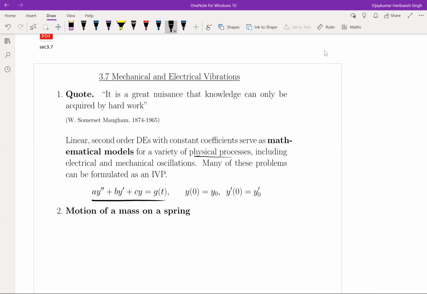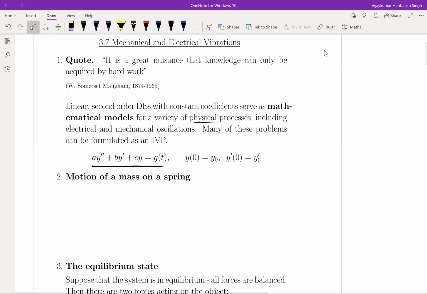Okay. So let's see one of the applications, which is about motion of a mass on the spring.